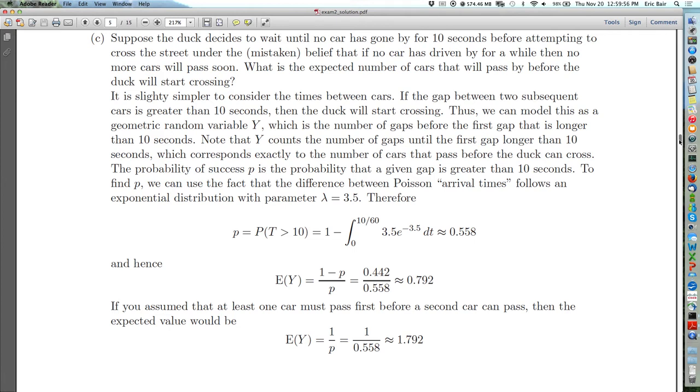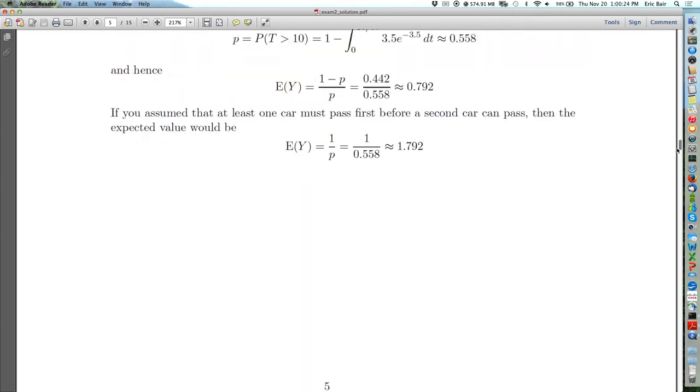So to find the expected number of cars that will pass before there's a 10-second gap, you just find the expected value of that geometric distribution, which is either 0.792 or 1.792, depending on whether or not you assume that at least one car has to pass before a second car can pass. That makes sense to everyone?